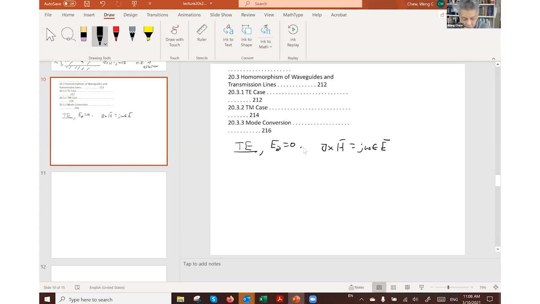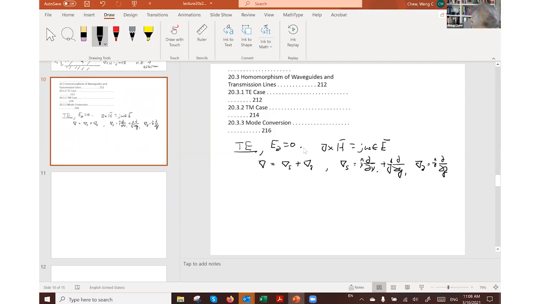And I'm going to do some detailed analysis, saying that my del operator can be broken up into a transverse part plus a longitudinal part, where del_s is x partial x plus y partial y, and del_z is the longitudinal part, which is just partial z.